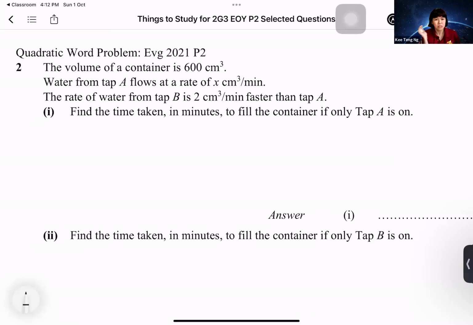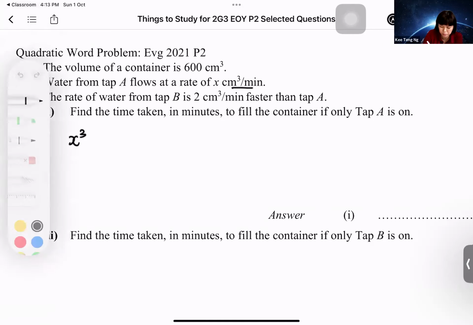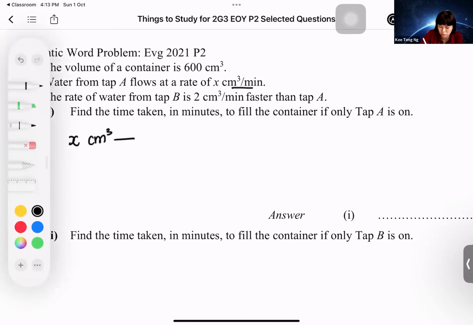The volume of a container is 600 cm cube. The tap flows out at x cm cube per minute. Per minute, meaning in 1 minute, x cm cube. Not x cube, x cm cube. X cm cube takes 1 minute.